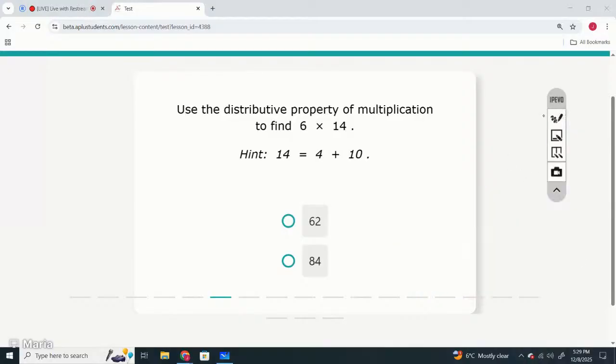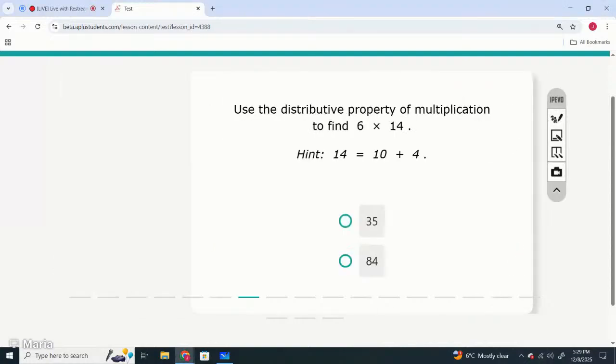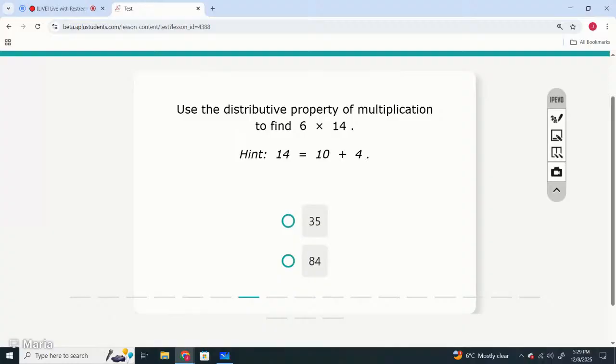Option number 2 is the correct option, that is 84. 6 times 14 is very good, 84 it is.